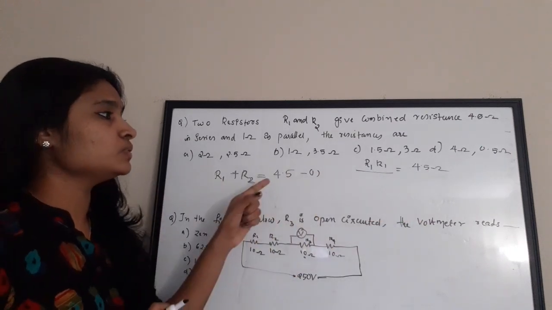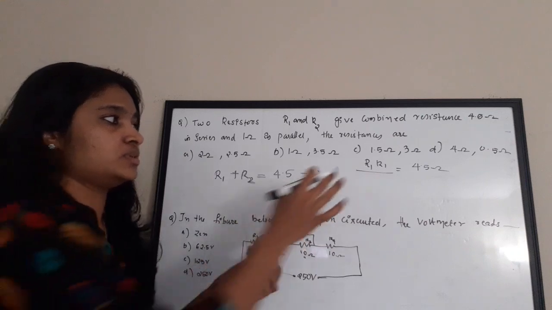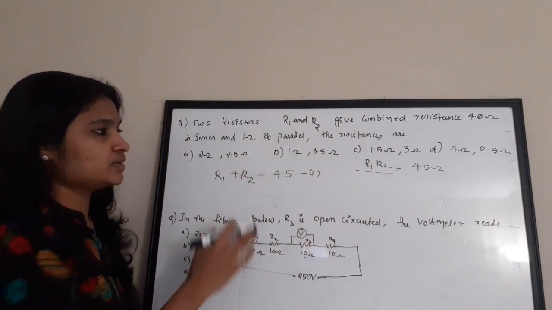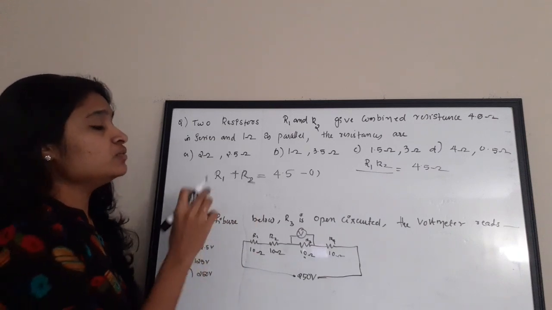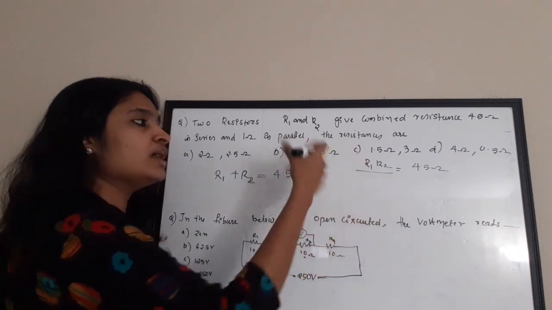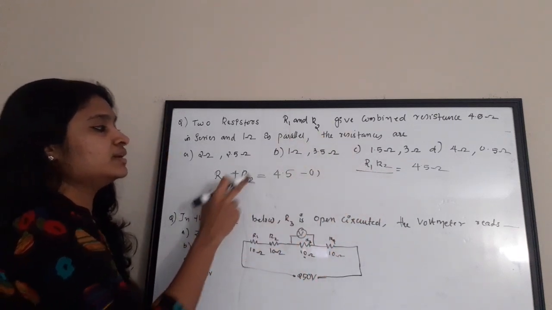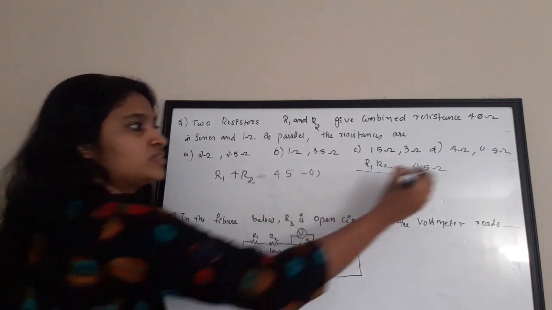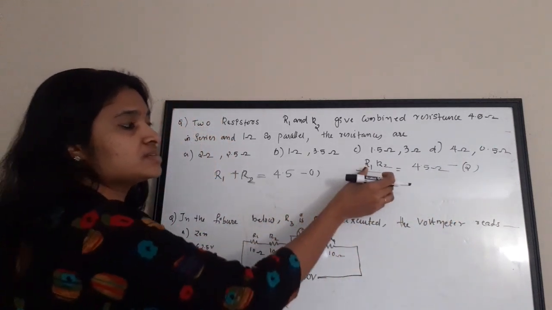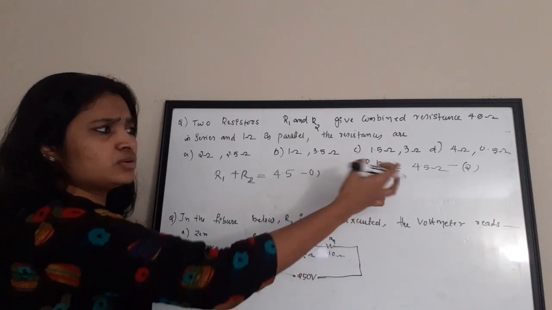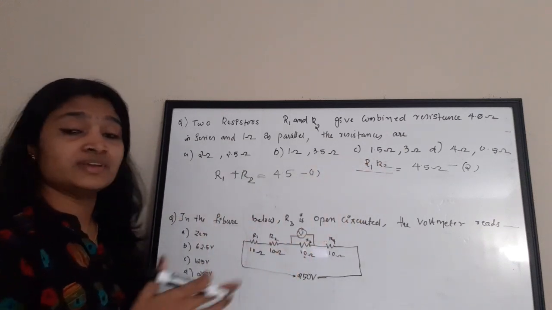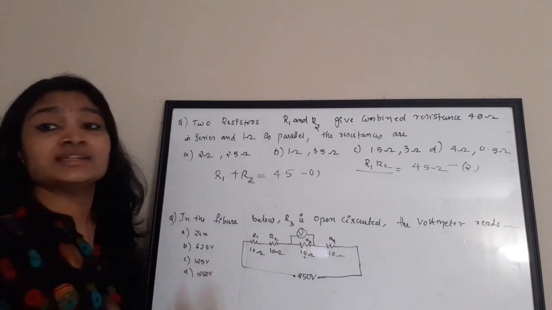Now from relation 2 you can find the value of either R1 or R2 and substitute in the first relation, and then you go on solving a second degree equation. Probably it is a lengthy process, right?